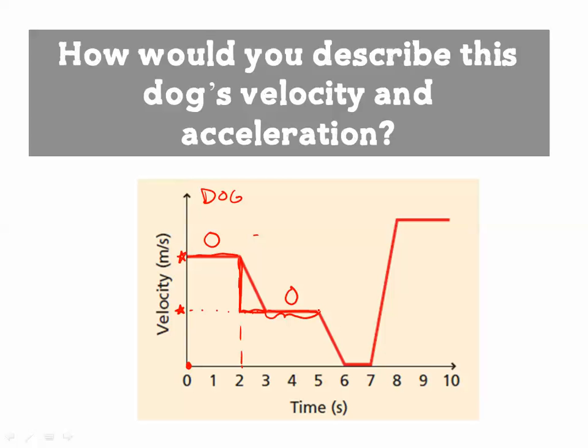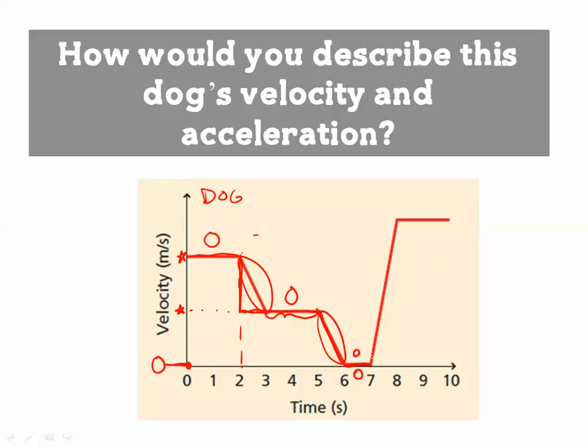Now the dog continues to decelerate where we have this negative slope here. So we have some acceleration here, we have some acceleration here, but again a horizontal slope indicates 0 acceleration. So now the dog actually is not moving because the dog has 0 velocity. So it's got 0 acceleration and 0 velocity.